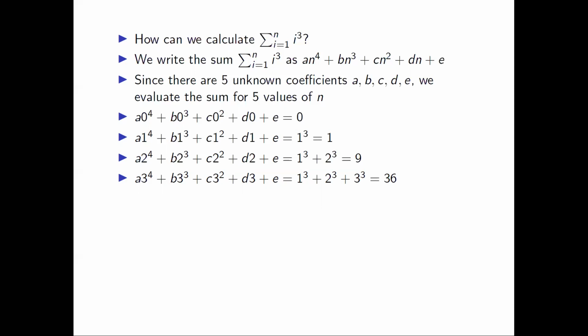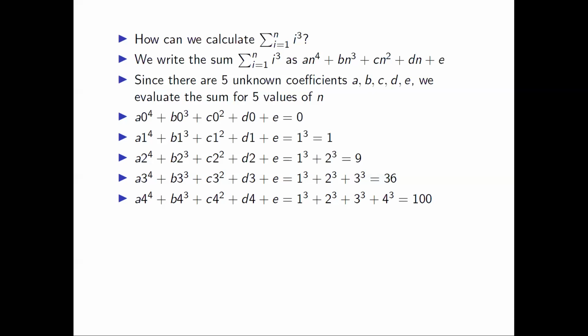And we have only one more sum, which is what we get by plugging in n equals 4. So we want a times 4 to the 4th plus b times 4 cubed plus c times 4 squared plus d times 4 plus e to equal our sum up to n equals 4. This gives us 1 cubed plus 2 cubed plus 3 cubed plus 4 cubed, which is just 100.